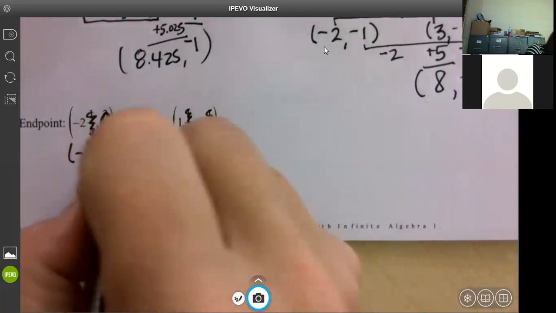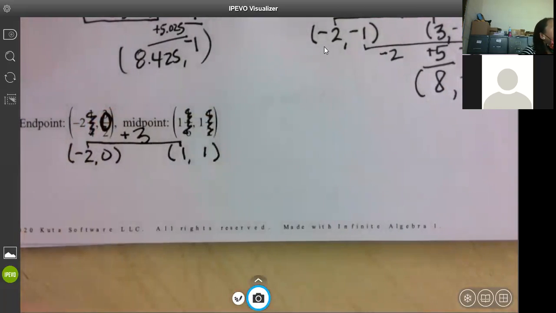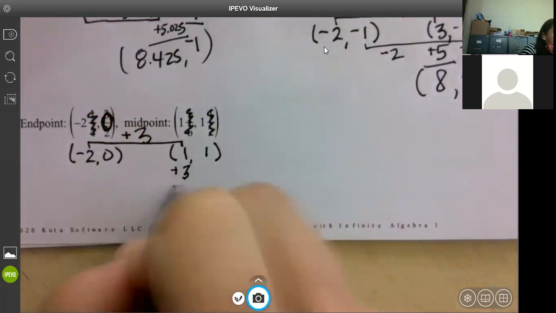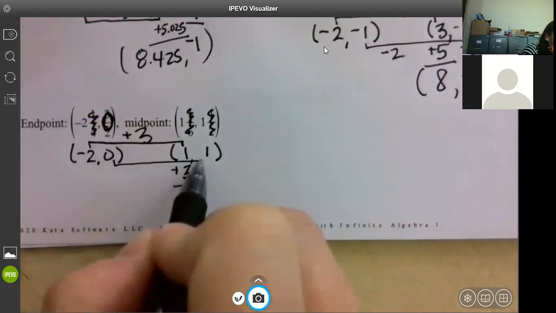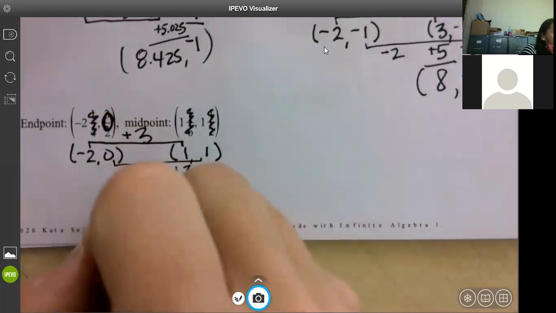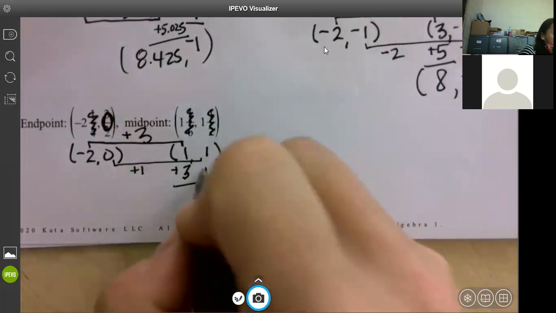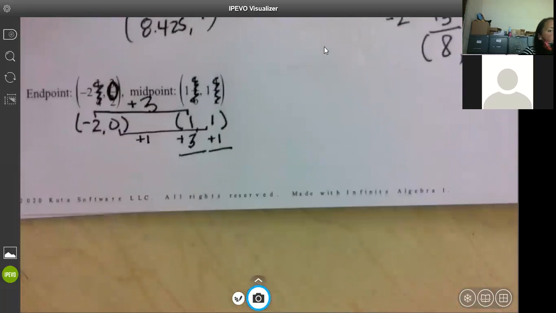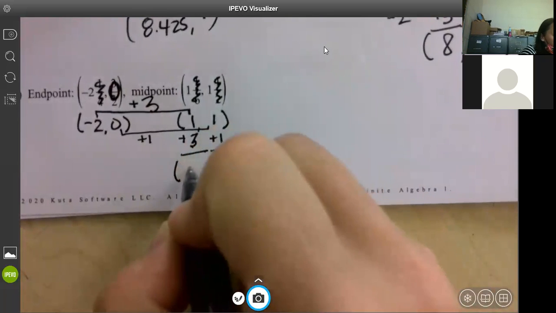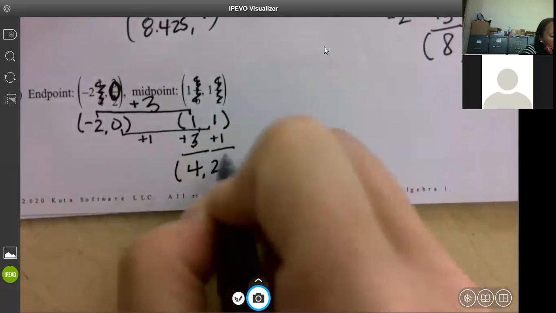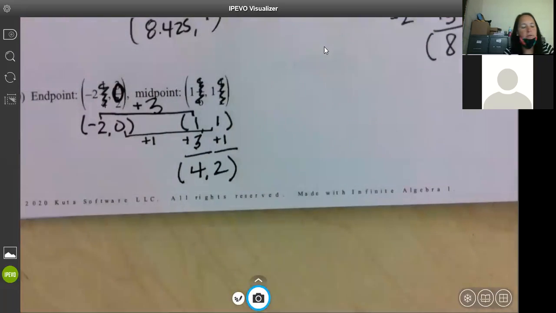I went up 3. Is everybody good? So I added 3. How far is it from 0 to positive 1? And I went up 1. So what is my new coordinate? 4, 2.